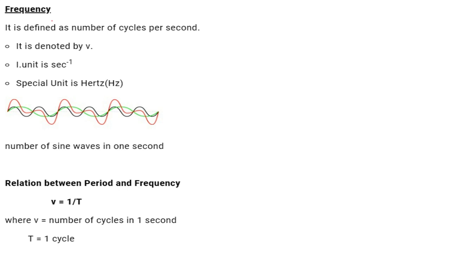What is the frequency of any oscillation, or you can say what is the frequency first of all? Frequency, represented by F or nu, is the number of cycles per second. In 1 second, how many cycles are being made?